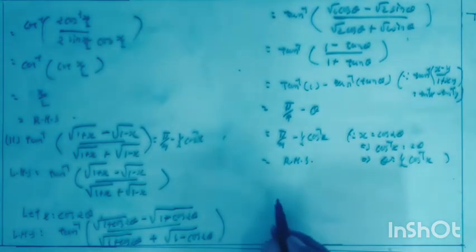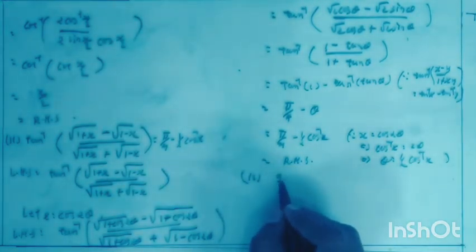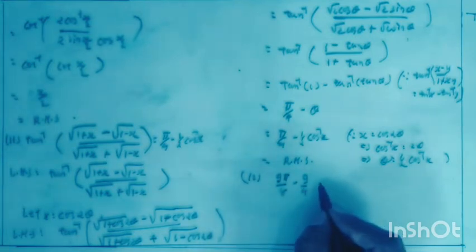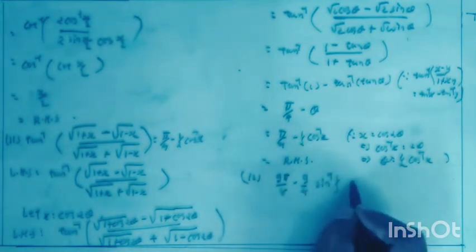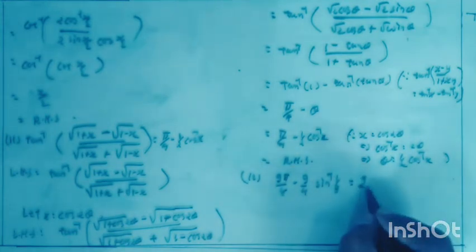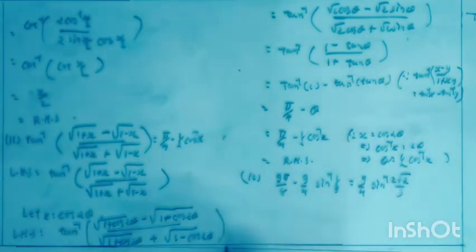Now question number 12. Prove that 9 pi upon 8 minus 9 by 4 sin inverse 1 by 3 is equal to 9 by 4 sin inverse 2 root 2 upon 3.